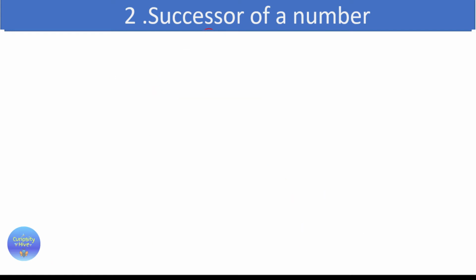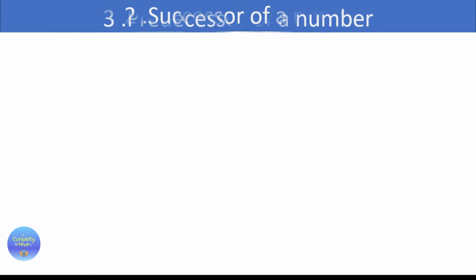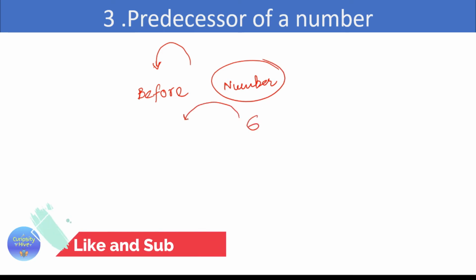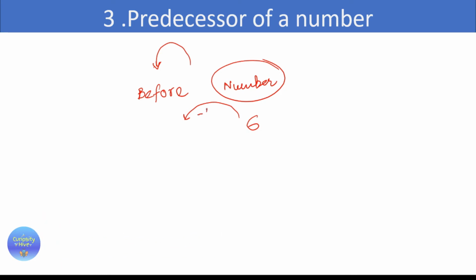Similarly, the next concept is predecessor of a number. Predecessor of a number is something that comes before the number itself. So let's do the same exercise. Let's take 6. So what comes before 6? Well, for this, we just need to subtract 1 unit from 6. And 6 minus 1 is 5.